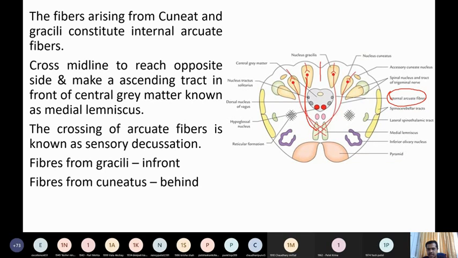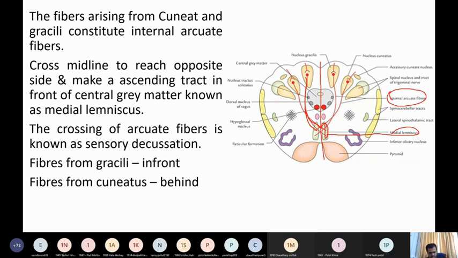So this is the median plane here. On either side of the median plane, these fibers reach there, cross the median plane and form a tract. Now this tract is known as the medial lemniscus.